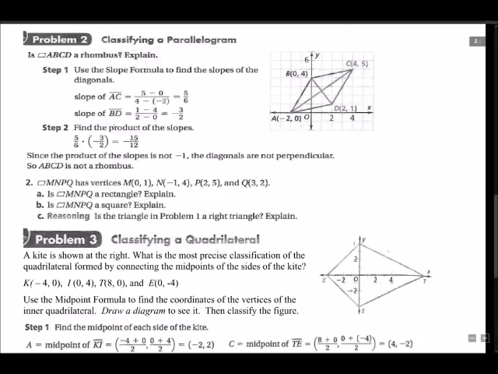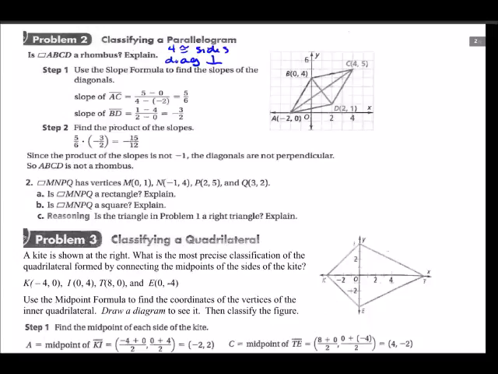But how do we know if something is a rhombus? Well, in a rhombus, we know that we have 4 congruent sides, and we also know that diagonals are perpendicular. So we could do either of these.